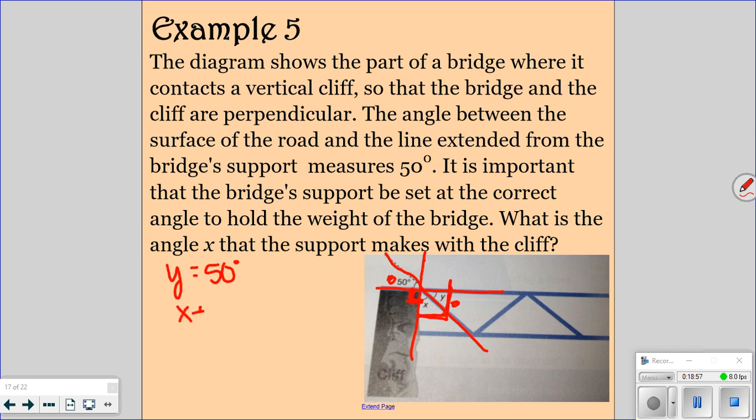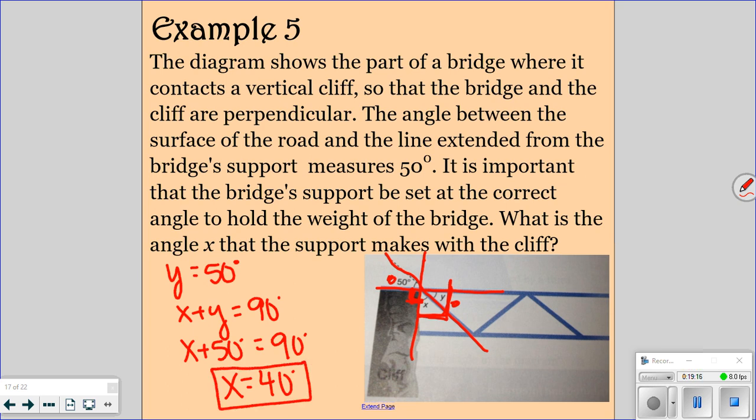So x plus y would have to equal 90 degrees. And they told us enough information that we know that y equals 50. And so if you solve for x, x would equal 40 degrees. So that would be your answer for that one.